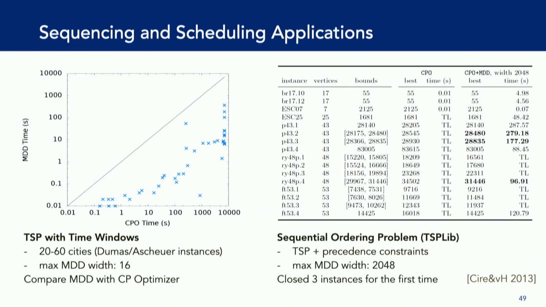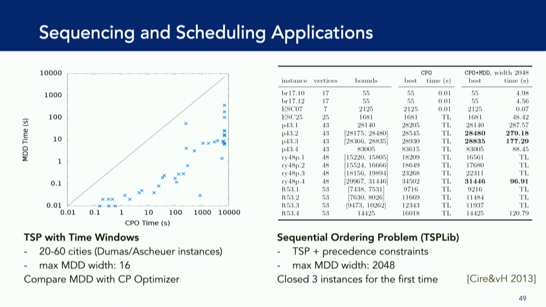So if you look at one of these scatterplot points, that gives you the same instance solved by both the CP Optimizer and by the MDD propagator. And in many of these cases, these instances are unsolvable by the CP Optimizer, but they are solvable by MDD, and it can be 4 or 5 orders of magnitude difference in terms of solution improvement.